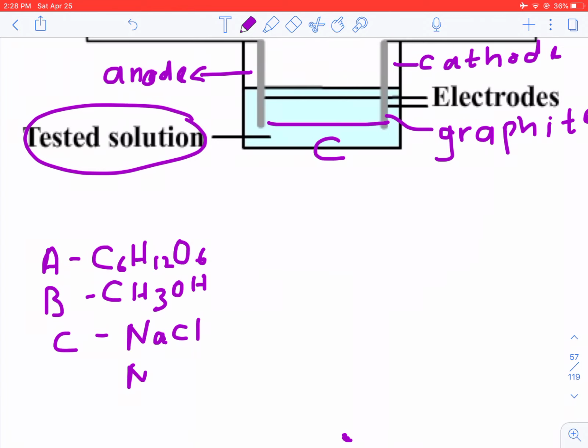We could take another ionic substance also, let's say Na2SO4.